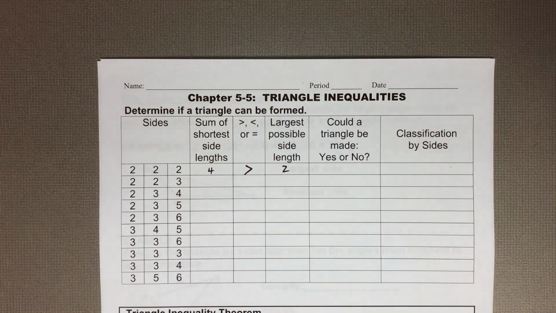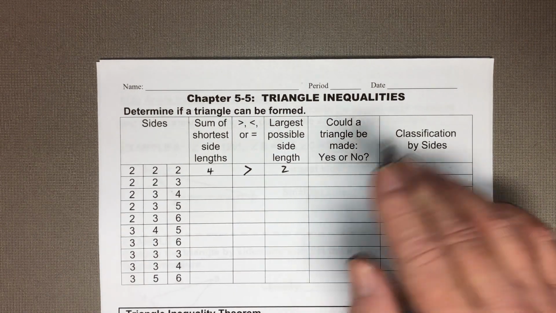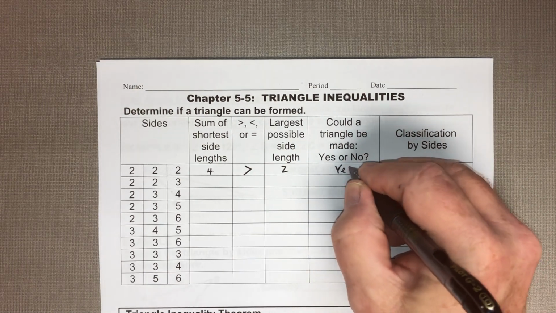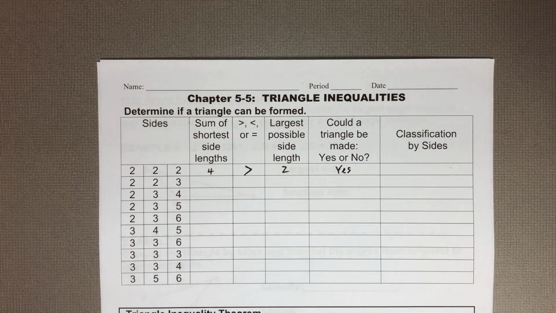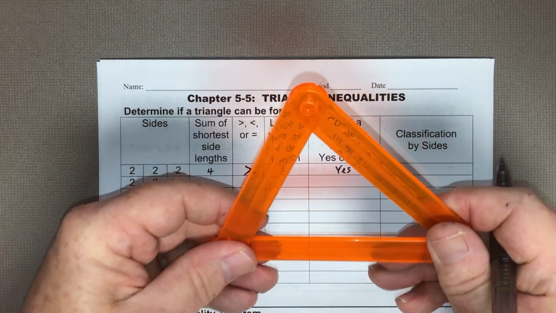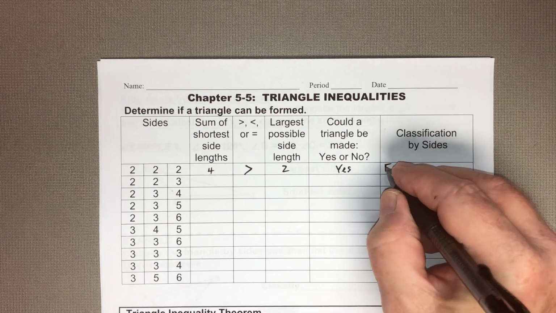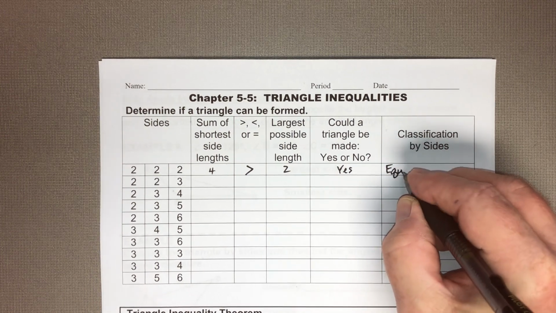The answer is yes, it is greater. So can you form the triangle with that one? The answer is yes, you can. If you were to form that triangle with all three sides being 2 units long, it would look like this right here, and that's what we call an equilateral triangle. So that one is equilateral.